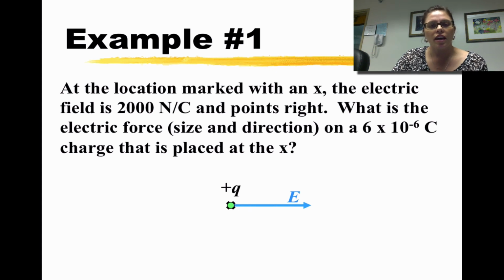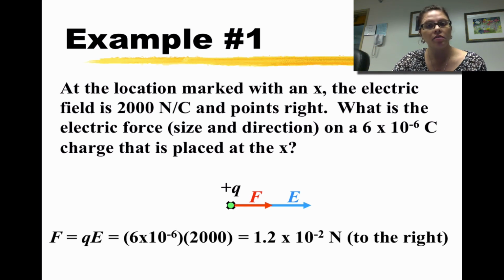So if the electric field is pointing to the right, the positive test charge will feel force to the right. So F equals QE, so we multiply them together, and you get 1.2 times 10 to the negative 2 newtons to the right. Okay, so that wasn't too bad.